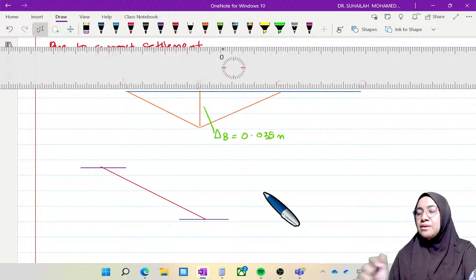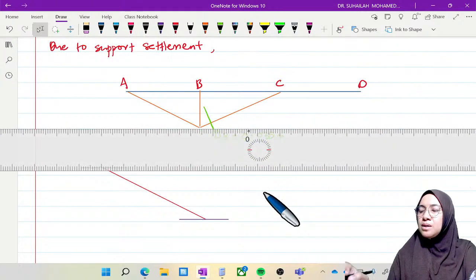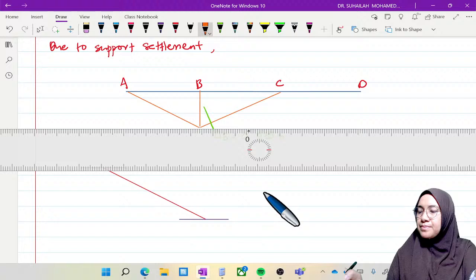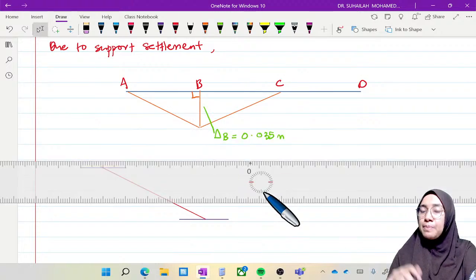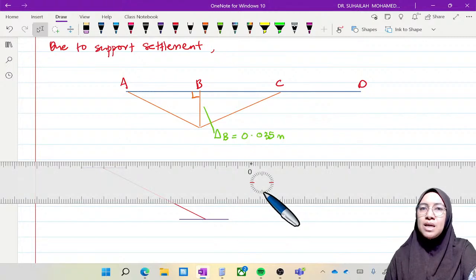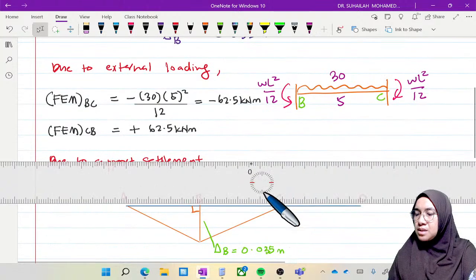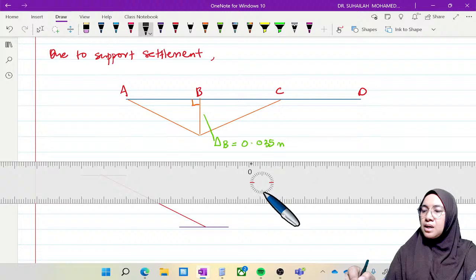In the triangular, of course, this triangular must have this perpendicular. The length for AB is 4 meter.